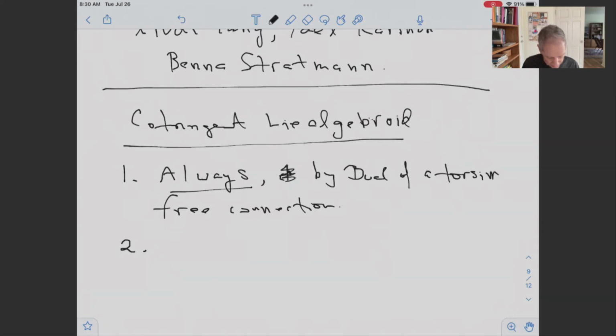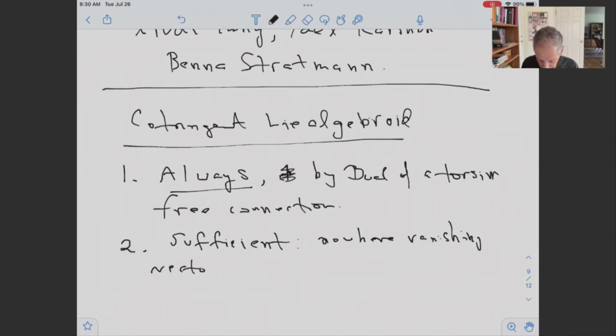The second condition is, well, it suffices to have a nowhere vanishing vector field but it has to be in the image of pi, or pi tilde.